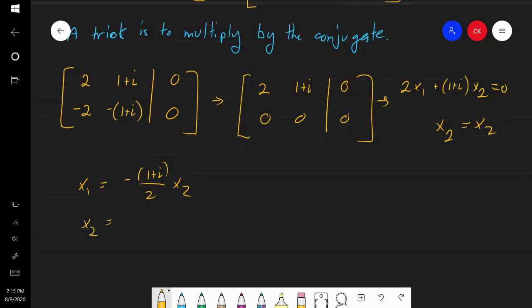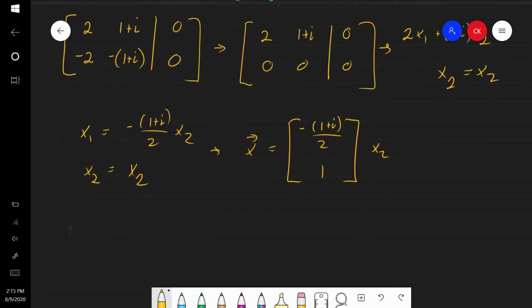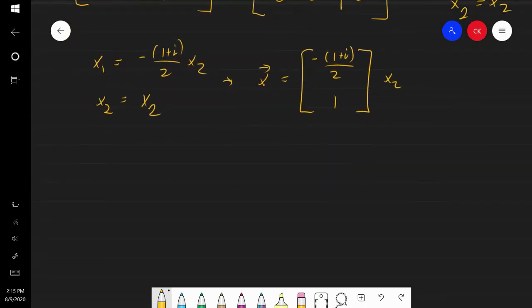And then in its vector form, the vector x looks like minus (1 plus i) over 2 and 1 times x2, which is fine, but I think it's probably more useful for us to just go ahead and scale this really quickly by multiplying by negative 2 and keeping the values within the vector a little bit easier.